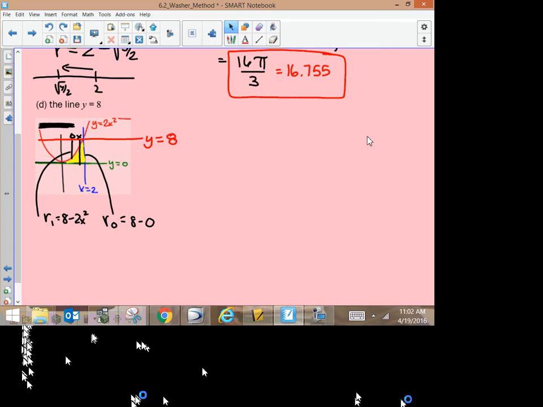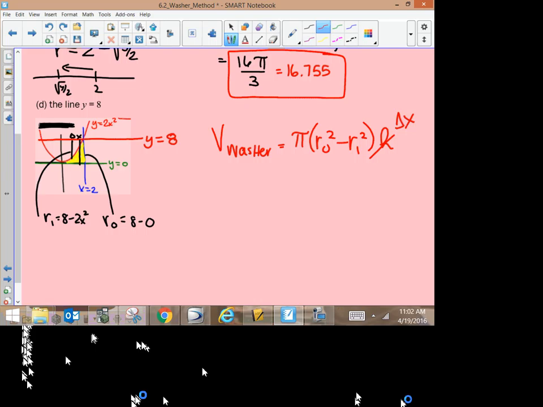So now we are ready. Volume, washer. Pi times R out squared minus R in squared times h. H has already been determined to be change in x. All right, R out squared is 8 minus R in.